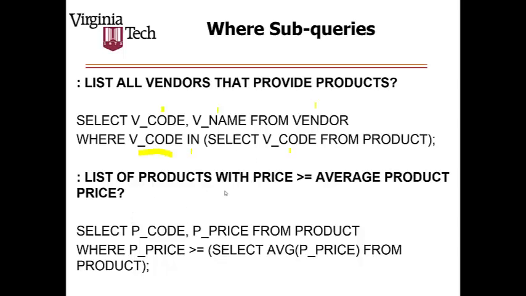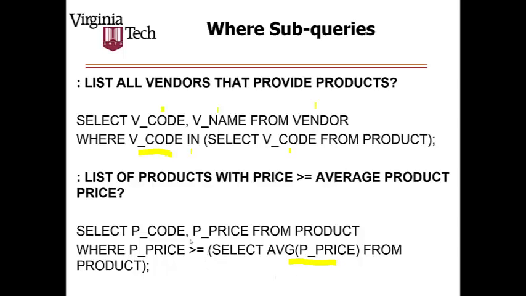List of products where the price is greater than the average product price. All right, so we say select the P code and price from product where the price is greater than or equal to the result of this query: select the average price from product. See, that returns just one value.